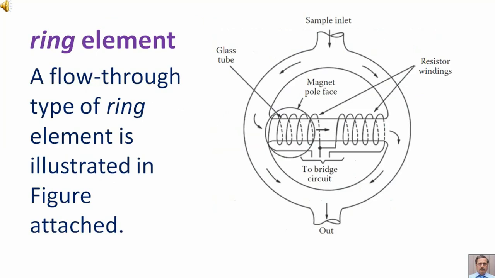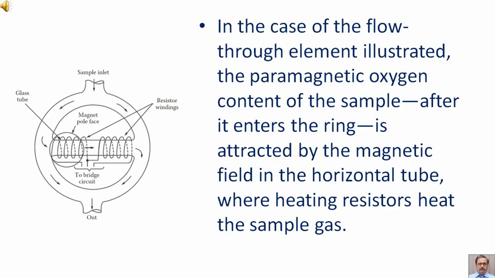A flow-through type of ring element is illustrated in the figure attached. In the case of the flow-through element illustrated, the paramagnetic oxygen content of the sample after it enters the ring is attracted by the magnetic field in the horizontal tube, where heating resistors heat the sample gas.